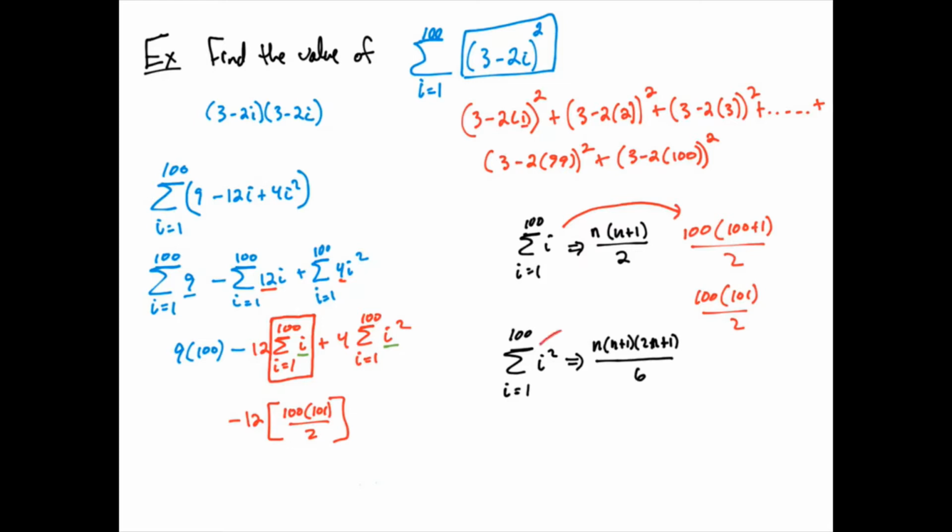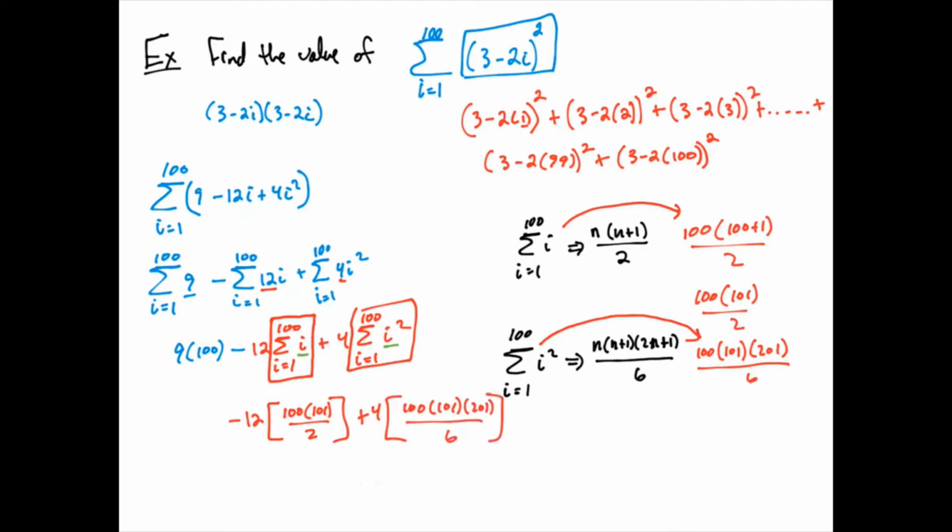Applying this to what we were given, we're going to have 100, because that's our n value, n plus 1, so that's 101, and then 2n plus 1, so that's 2 times 100 is 200, plus 1, and then divided by 6. All of this is going to take the place of this guy, so this will be plus 4 times 100 times 101 times 201 divided by 6. And then we can bring down this first term: 9 times 100 is 900.